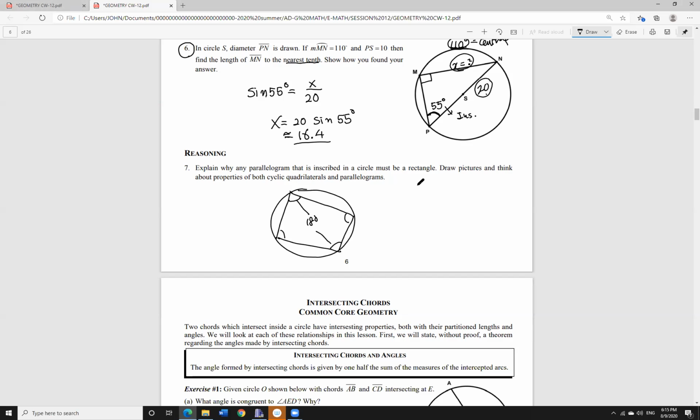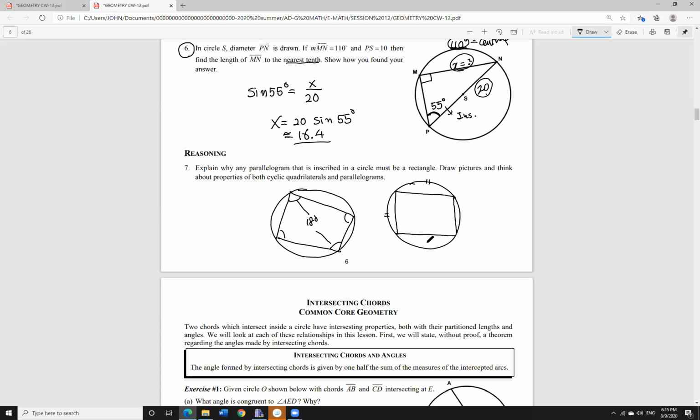But when you have a parallelogram, we have to find the parallel sides, right? Same length. Parallel means always what? Opposite sides equal.